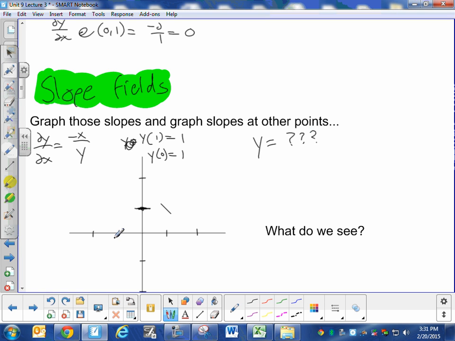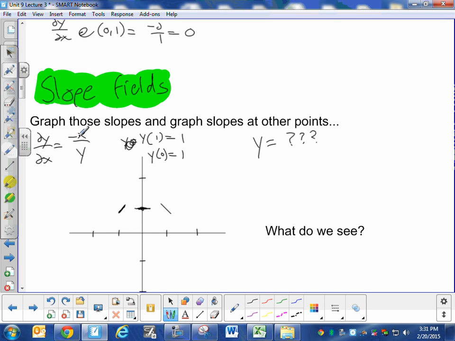So let's look at (-1, 1). What would be that slope? Plug in negative 1, take the opposite of it, divide it by 1. What do I get? 1. So my tangent slope is going to be like that for a solution. What about at (-1, 0)?